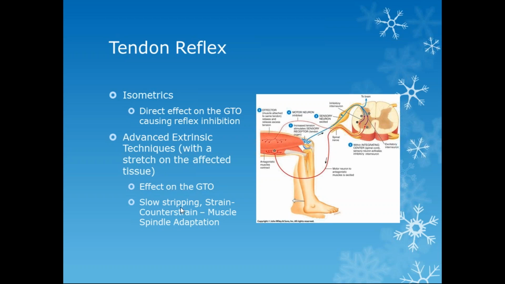So things like slow stripping and strain counterstrain, and again you'll get that muscle spindle adaptation because of the GTO firing. So you want to be able to get that stretch onto it, which feels like more of a threat, and then you do these deep techniques into there.